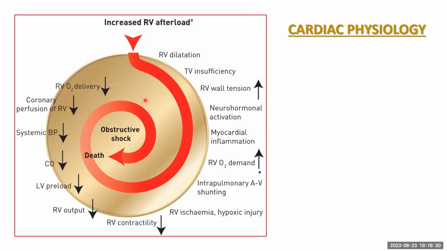As you can see, this is a continuous spiral. As there's decreased oxygenation of the RV, its pumping decreases further, leading to decreased RV output and further decreased blood pressure, increasing pressures in the RV, increasing oxygen demand, and it continues to deteriorate downwards like a spiral.